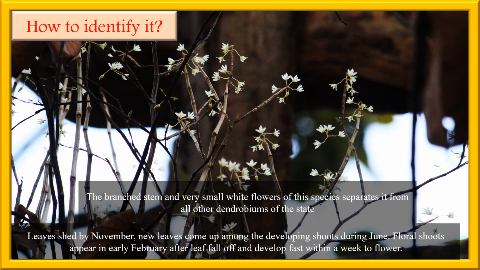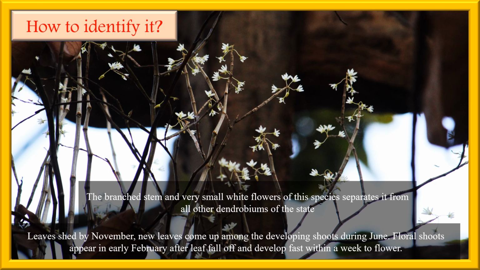So how do we identify this particular orchid? First we have to know when the flowering starts, or when the leaf is seen. Mainly the leaves shed by November. New leaves come up among the developing shoots during June, and the floral shoot appears in early February after the leaf fall.